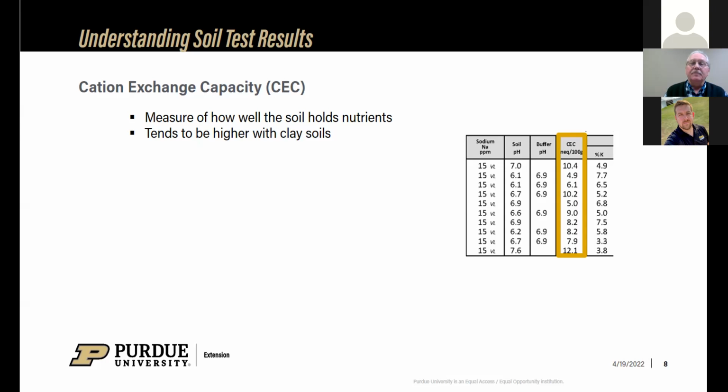Whereas when we get down to those lower numbers, our sandy soils tend to have the lowest exchange capacity. So we need to put more nutrients into those soils. They're not going to hold nutrients very well.